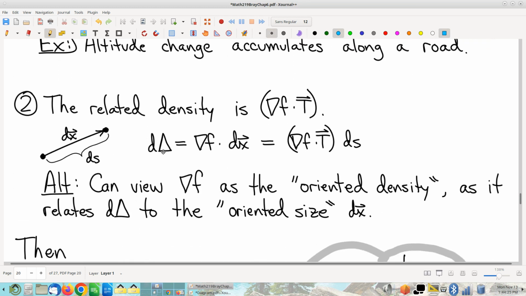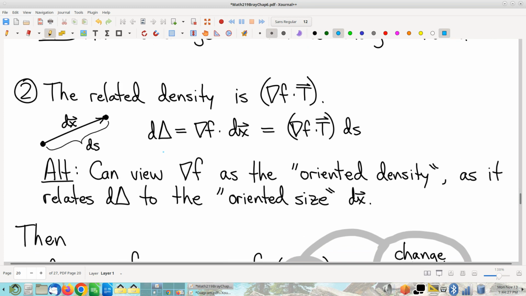Next question, what's the associated density? So what is the relationship between how much I displace along a curve and how much of this accumulating quantity called change I get as a result? I'm going to remind you all of this formula right here from Chapter 2. This goes pretty far back.